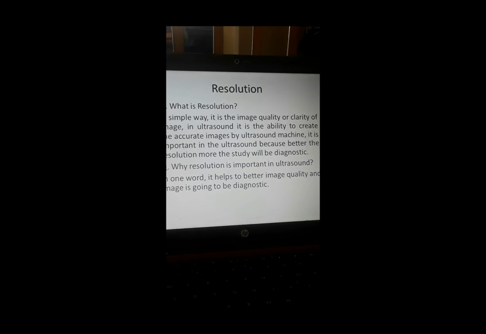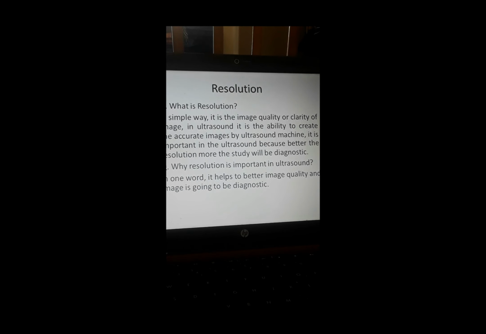Resolution is important in ultrasound because the better the resolution, the more diagnostic the study will be. Because as sonographers, we trust whatever we see on the display monitor.